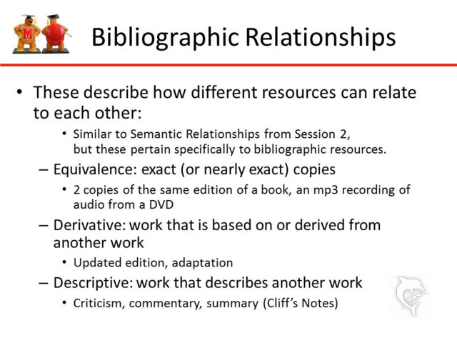So 2 copies of the same edition of a book or an MP3 recording of audio from a DVD would have equivalence relationships with each other. Although you could quibble about whether the MP3 from the DVD is equivalent, since there probably is some degradation of sound quality. So none of these are set in stone, and they're also not mutually exclusive.